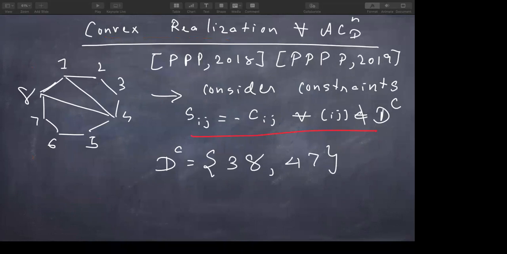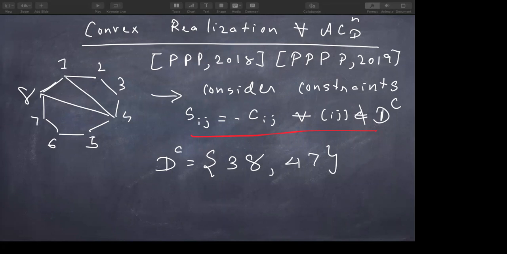Now, the same idea actually worked, which is fairly striking, in the case of Accordiohedra, and this was done by Paluk and Pilod and their collaborators. You take your reference dissection D and put the same set of equations, S_ij equal to minus C_ij, where ij is not in D^C. Here is one example. Let's take a reference dissection which is 1, 4 and 3, 8.